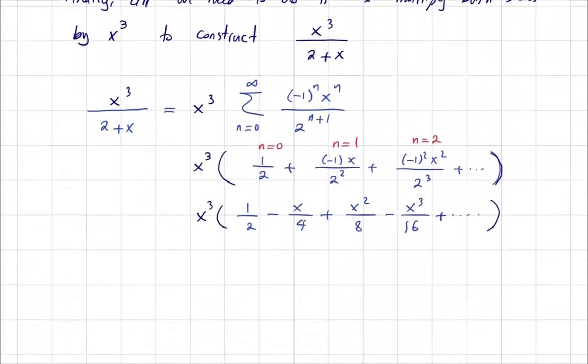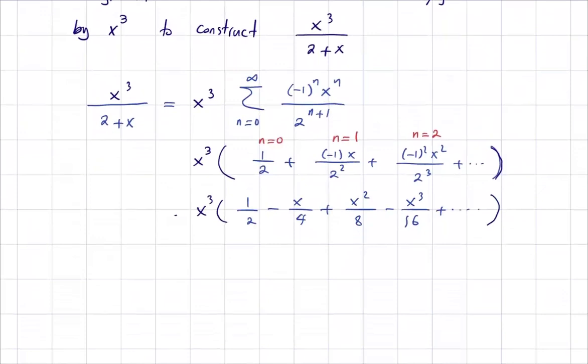So if you distribute this into parentheses, these are all equal to, now you have x cubed divided by 2 minus x to the fourth divided by 4 plus x to the fifth divided by 8 minus, now you have x to the sixth divided by 16 and so on.